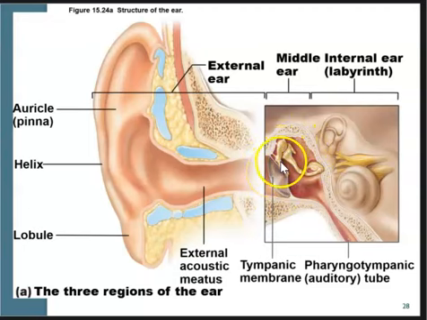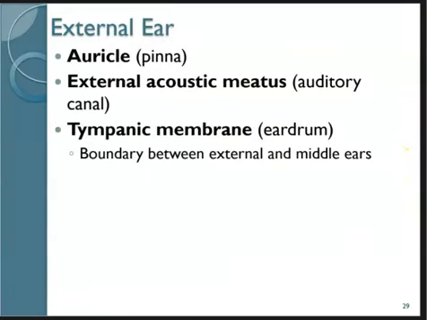The middle ear is also called the tympanic cavity, an air-filled cavity. There are these bones, the ossicles, which we'll talk about, and then the eustachian tube. Within the inner ear, we have the cochlea, which is part of hearing, but we also have the semicircular canals and the vestibule and the nerves that take the information to our brain.